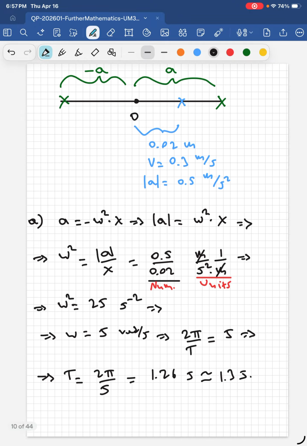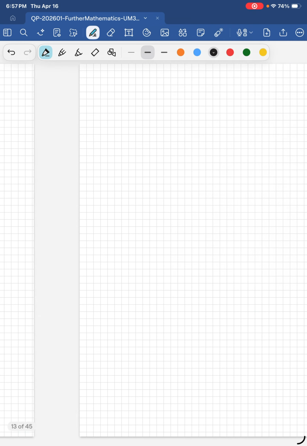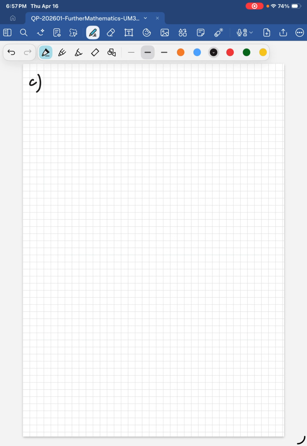So C, first of all, okay, let me do this, and then I'm gonna explain what I'm doing. So we will take that x is a sine omega t.